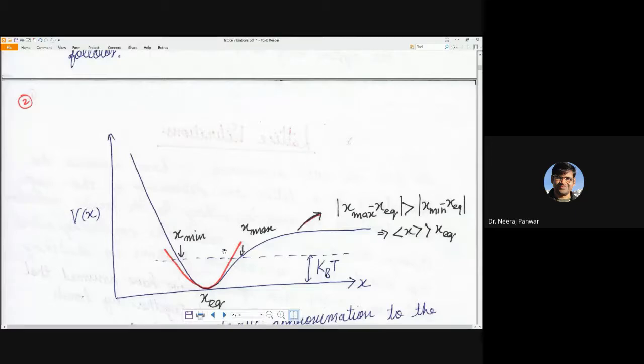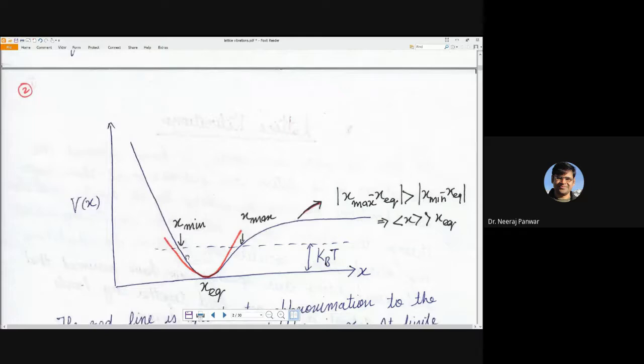Okay, there is also a red curve. This red curve represents the harmonic approximation. Under the harmonic approximation, we consider that the displacement of the atom from its equilibrium position is not large.